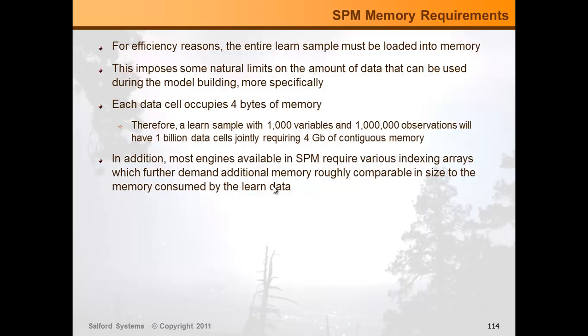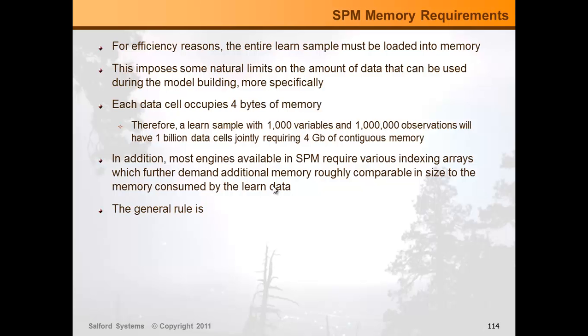Now, all of those indexing arrays, we call them work arrays, they also consume memory. And as a general rule, the memory consumption by the indexing arrays is comparable in size to the memory consumed by the learn data itself.